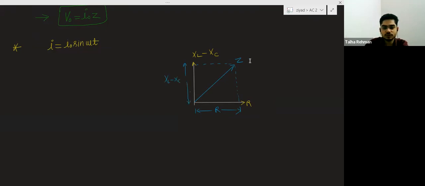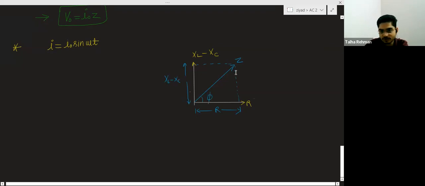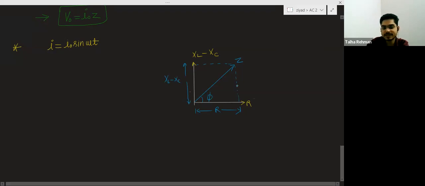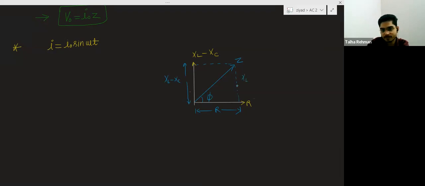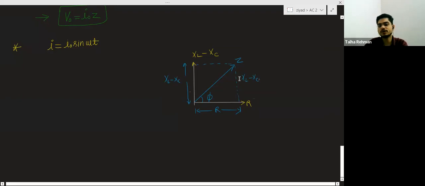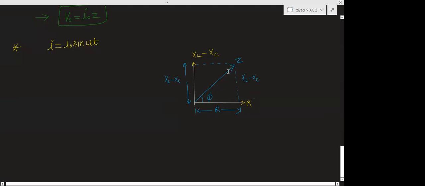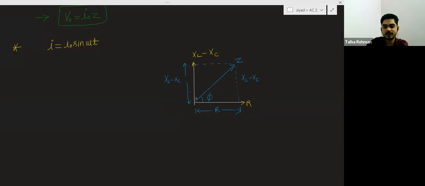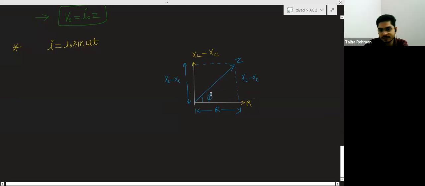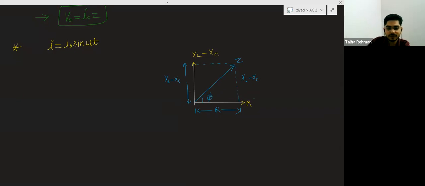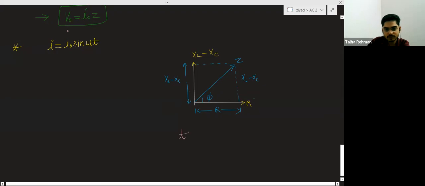So what I have told you, this angle will be phi. This is XL minus XC, so this also will be XL minus XC, because this is a parallelogram. Now see this triangle. In this triangle, if you want to calculate tan phi, tan phi.